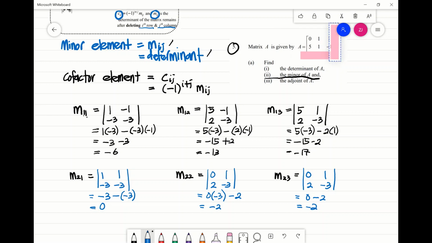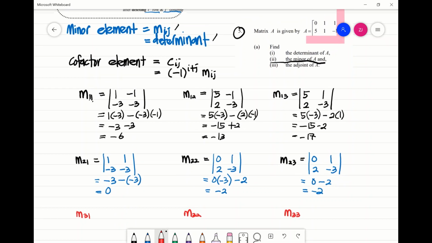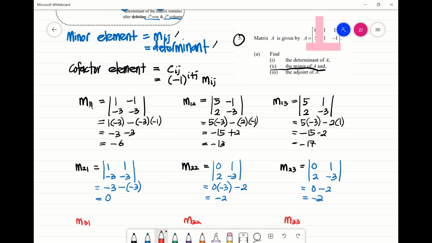So we are going to find M31, M32 and M33. Let's find out what elements remain. First we close the first column, so we will see the elements 1, 1, 1, -1.